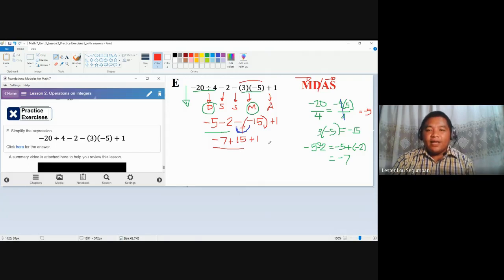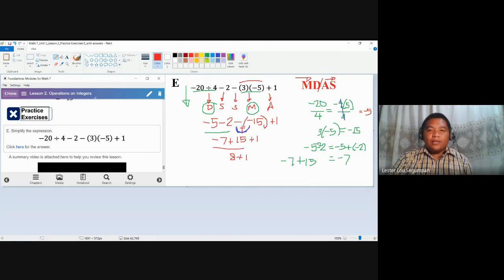Next, you have negative 7 plus 15. Think of the negative as borrowed money, or utang in our common language, and then you have 15 pesos as payment. Assuming that you will pay using your money of 15 pesos, your borrowed money or debt will be neutralized, and then you will have the answer of 8 and plus 1.